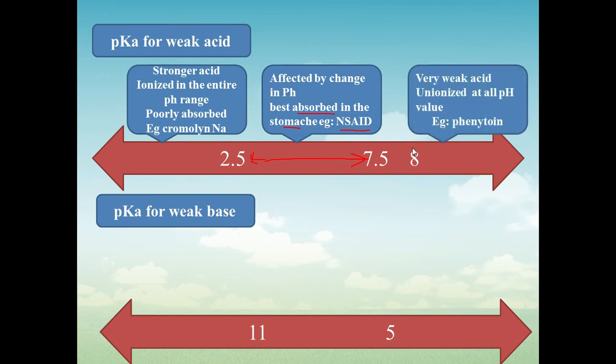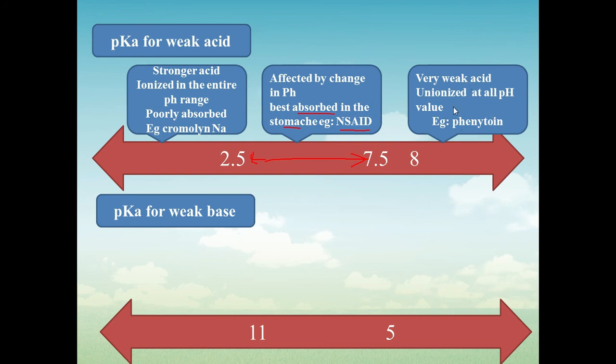Then next, if the drug pKa is greater than 8, okay, we call it a very weak acid, and it will remain unionized at all pH range. These particular drugs will remain in unionized state for all pH range, and they will get absorbed from anywhere in your GI tract. That's why we also call it pH independent absorption.